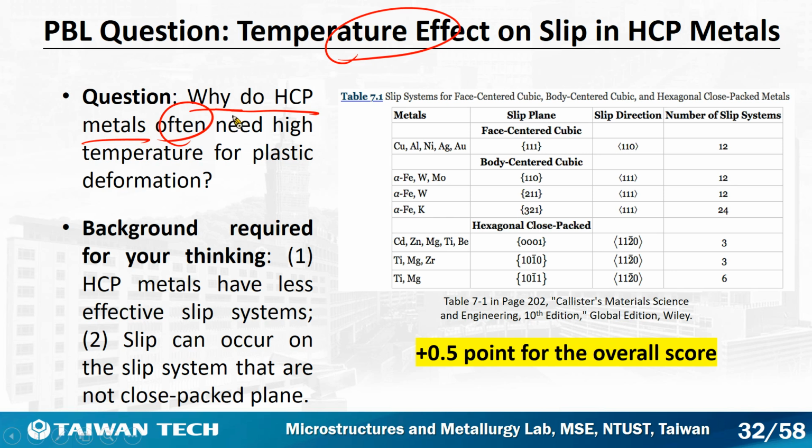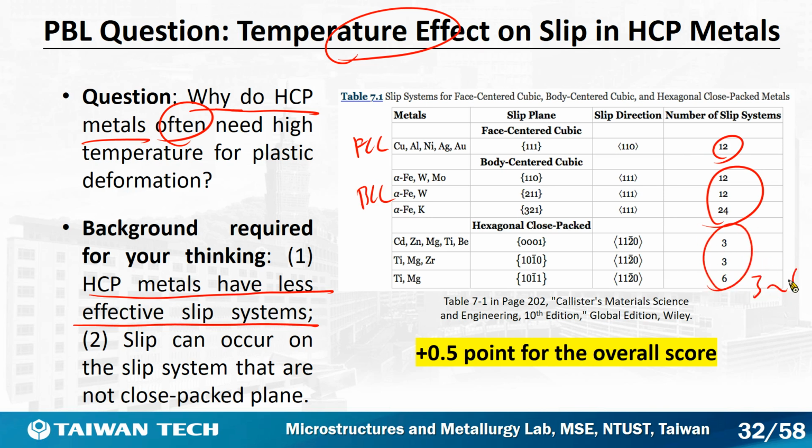Okay, so the first background you need to know is that HCP metals have less effective slip systems. For example, you see here, FCC and BCC have a lot of slip systems. But for HCP, you just see here, 3 to 6. And the slip can occur on slip systems that are not close-packed planes.